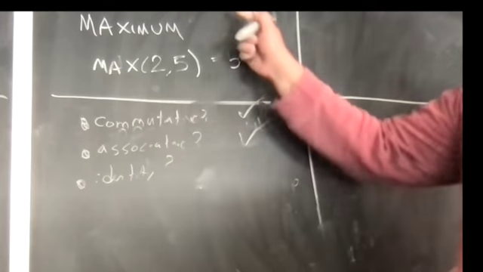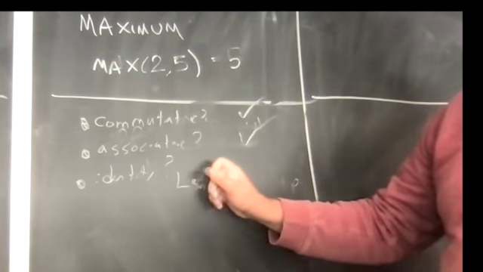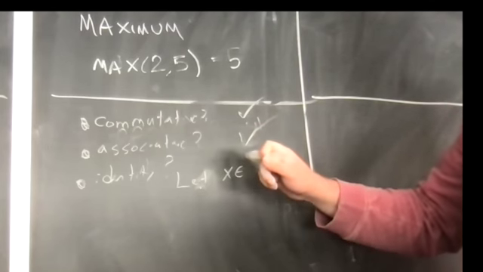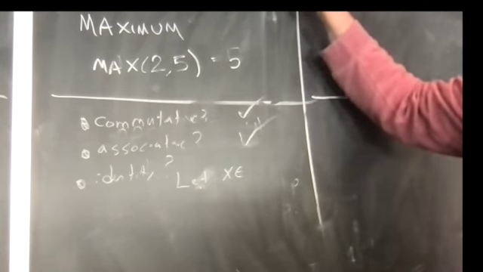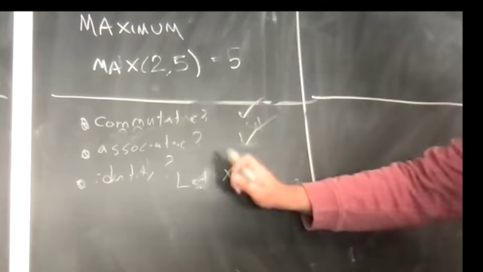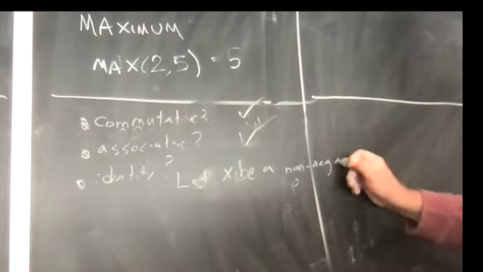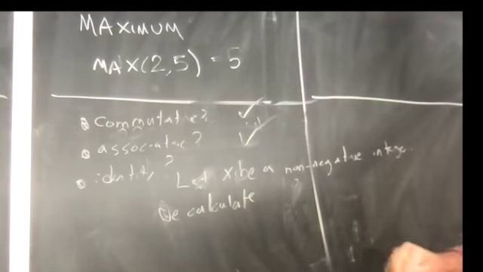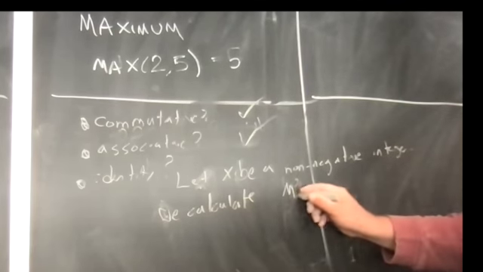So remember, these are non-negative integers. So let x be, I wish I had a symbol for this. It'd be awesome, wouldn't it, if I could just write in the non-negative integers, but alas, I cannot. Too much controversy. Let x be a non-negative integer. What's max of x and 0?